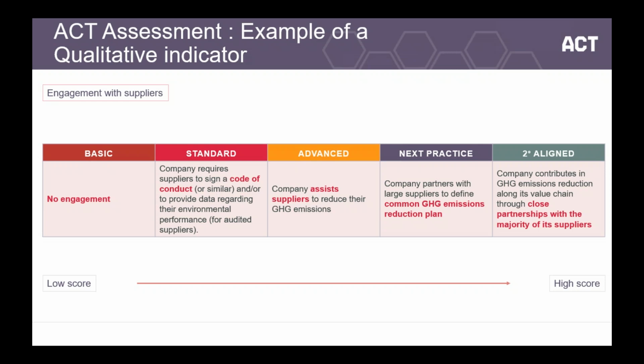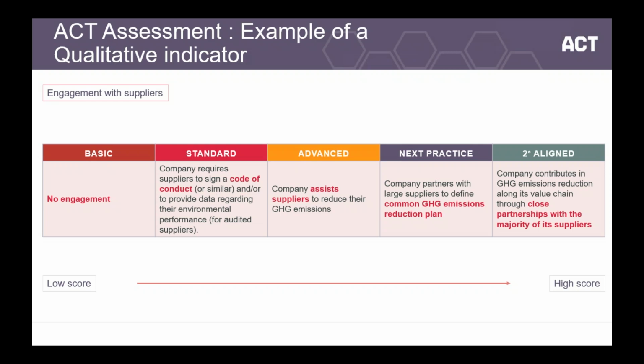And a 2-degree aligned company would be a company that contributes to greenhouse gas emissions reduction along its value chain through close partnerships with the majority of its suppliers, which means that the company has a very good understanding of what kind of suppliers, what the impacts are in the products of the suppliers, and how they can work together to minimize and reduce the greenhouse gas impact of these emissions.